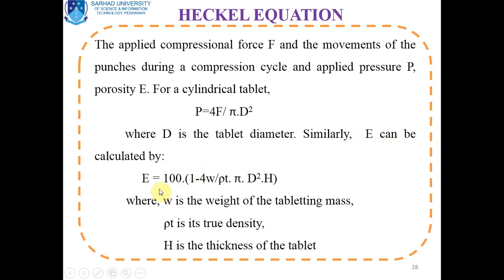Similarly, E can be calculated by E is equal to 100 multiplied by 1 minus 4W by rho T multiplied by pi d square H, where W is the weight of the tableting mass, rho T is the true density, H is the thickness of the tablet, and d is the tablet diameter.